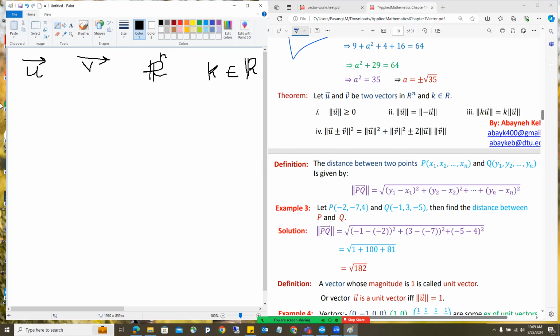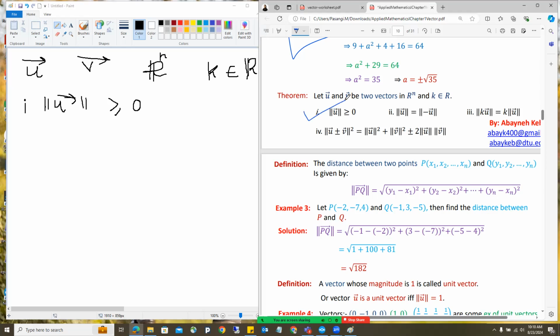Now what will happen? The first theorem would be the magnitude of this vector u is equal to 0 or else greater than 0. Is it clear? Okay, the first one is that one.